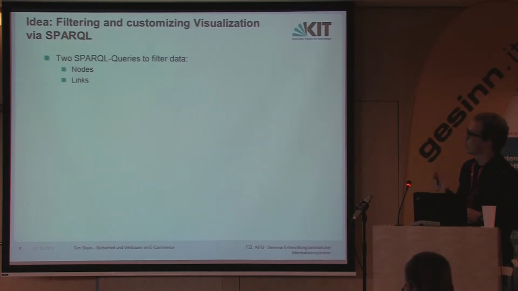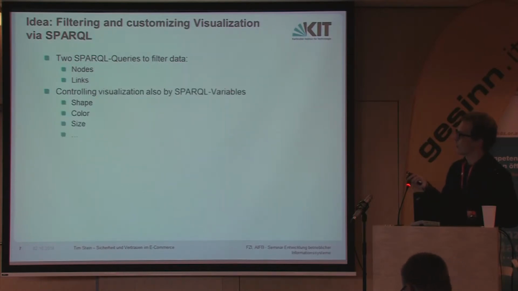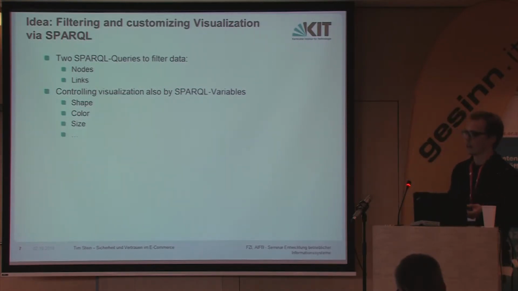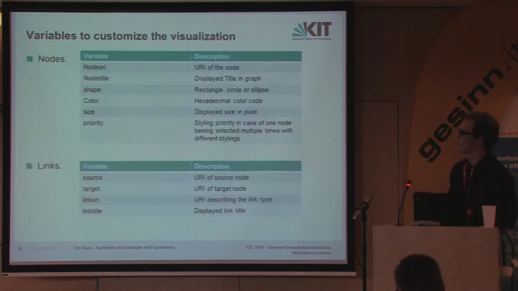There are two SPARQL queries to filter this data, one for nodes and one for links, and all the configuration is done by SPARQL variables. So there's nothing, as I said, hard-coded. You just put in the SPARQL query and use defined variables to configure which data is presented and how it is presented.